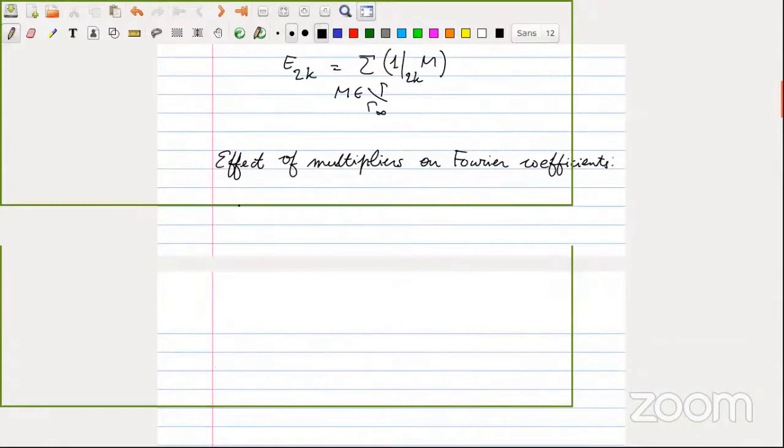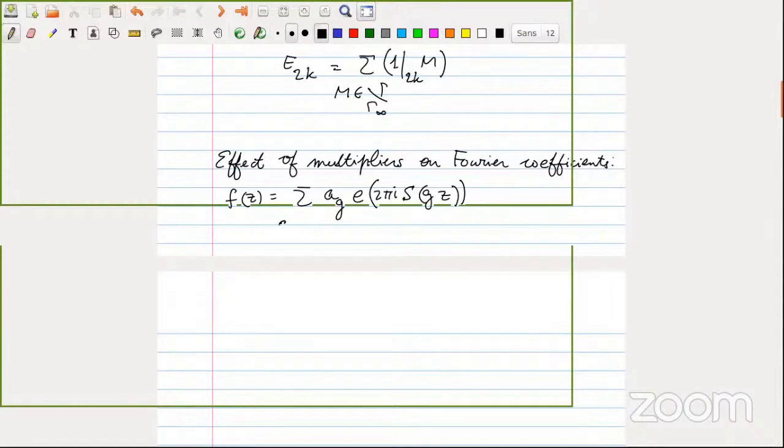Suppose I have f of z equals the summation of a_g times e to the power of 2 pi i s of gz, like this.